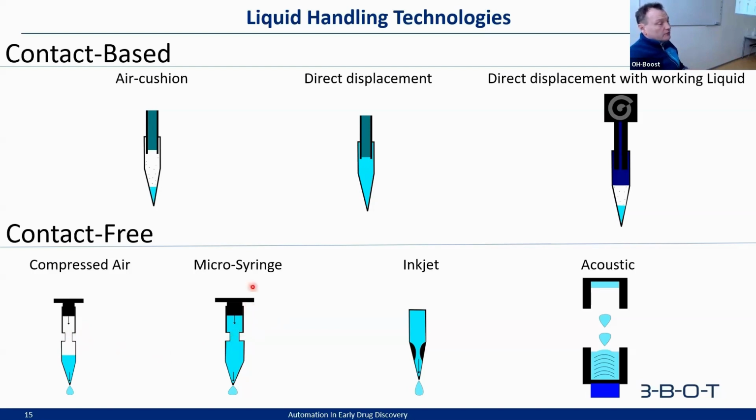You have a syringe pump at the end, and you try to shoot out small droplets from an opening. Or inkjet, which is also used for small volumes. You can go into the picoliter range with inkjet technologies. Inkjet means you typically produce a bubble in water, and the bubble shoots out the droplet. Acoustic, which I will come back to on the next slide, something I like quite a lot.